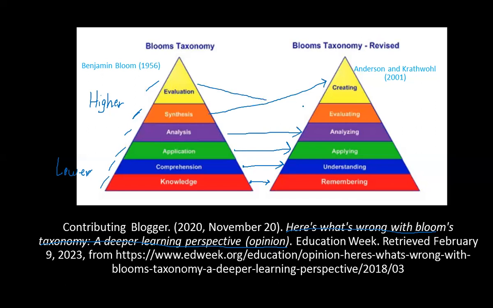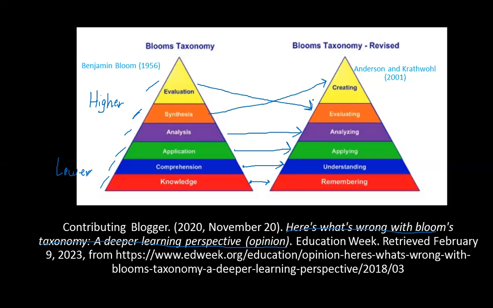And evaluation, nagiging evaluating. Another thing that we observe na meron silang difference sa dalawa is yung order ng synthesis at evaluation. Dun sa original na Bloom's taxonomy, nasa taas ang evaluation, then second highest is synthesis. However, on the other side, highest yung synthesis, tapos second is evaluating. Nagpalit ng order.